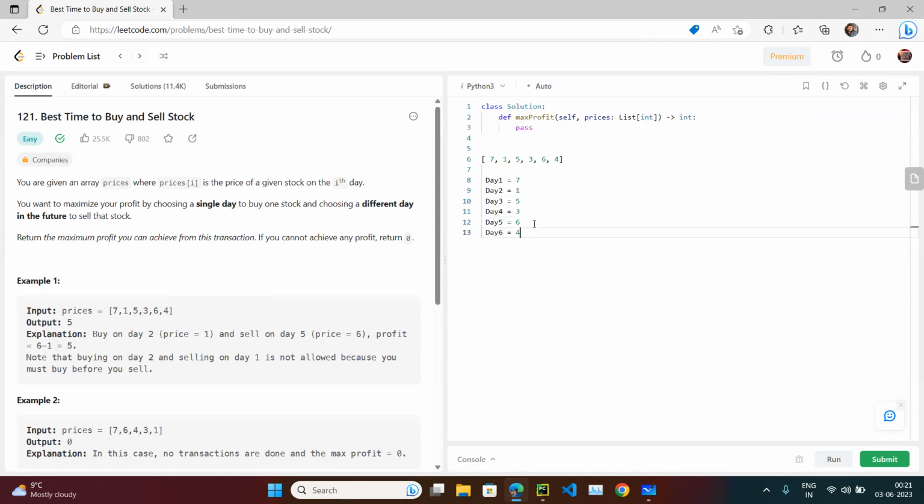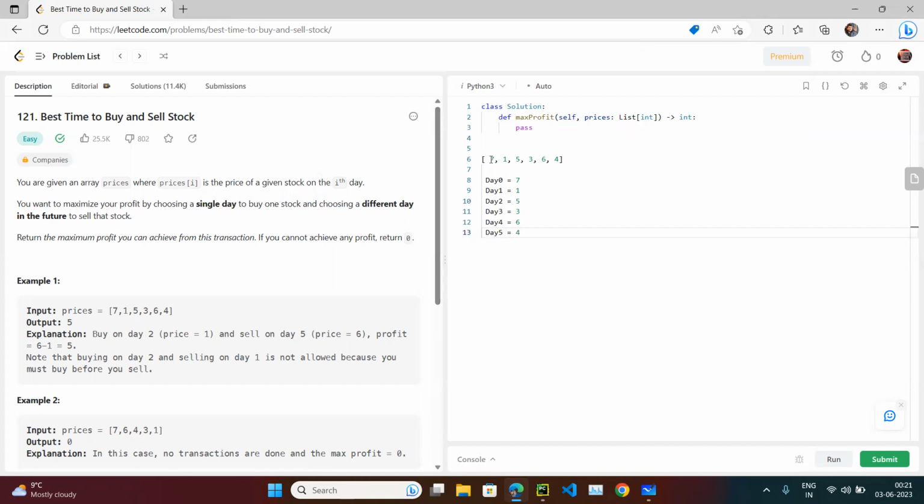So these are just the stock prices on the ith day. You can say the 0th day or day one, so basically indices 0, 1, 2, 3, 4, and 5. Now you want to maximize your profit by choosing a single day to buy one stock and choosing a different day in the future to sell the stock.